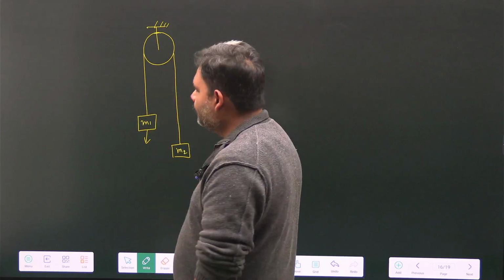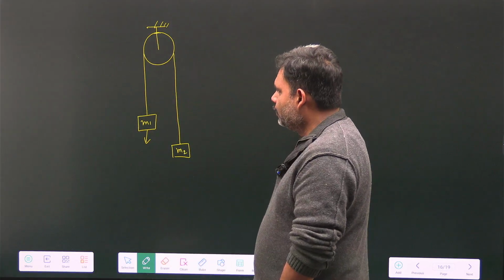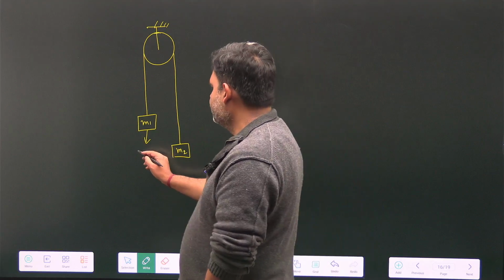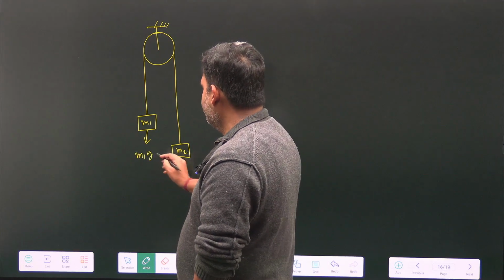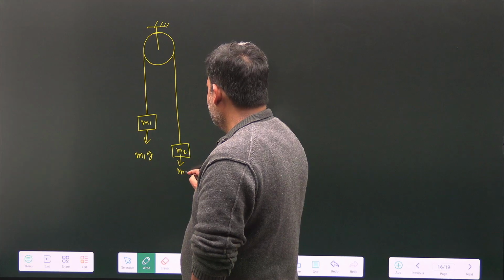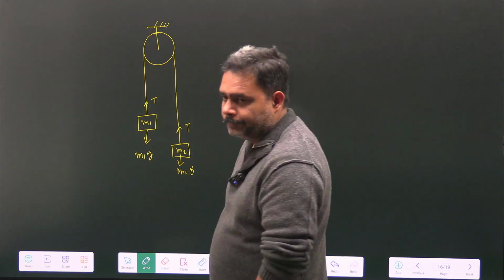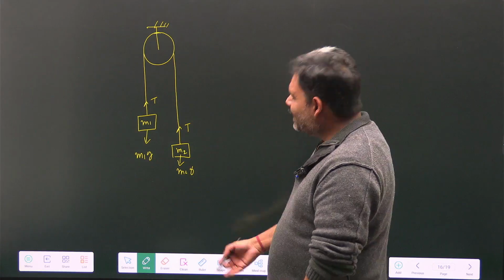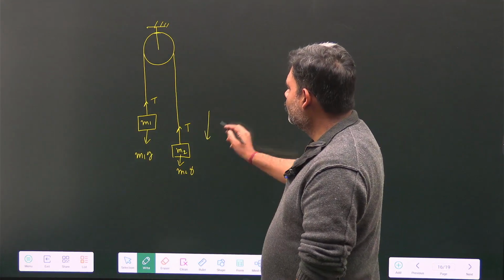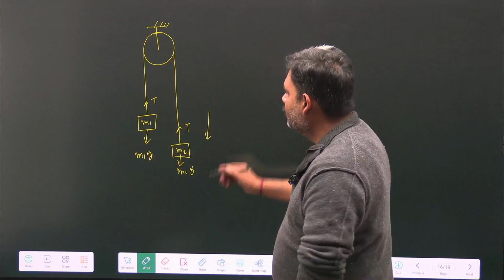Most people will solve this particular problem by writing this equation. This is your M1G, this is your M2G, this will be tension, this will be tension. You just assume that this will go downward, this will go upward. So what will happen?